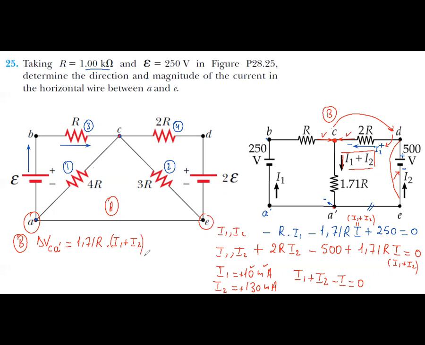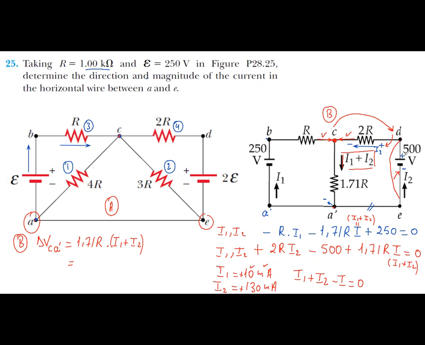So like this, we can find the difference of voltage between C and A prime. Here we have to be careful, because as you see, here we have the positive side.